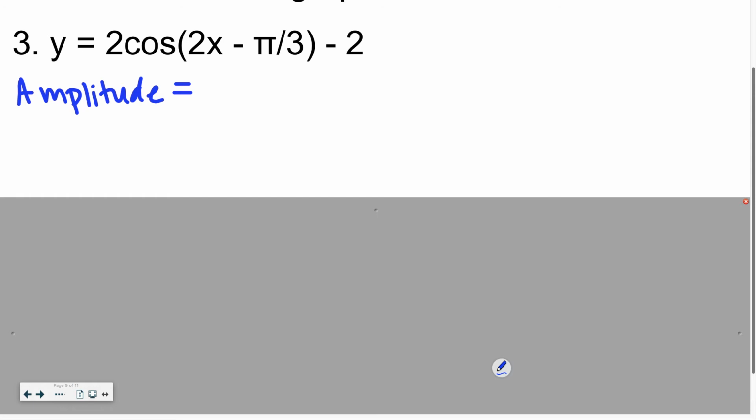What's our amplitude? Our amplitude is 2. Okay? A is 2, so our amplitude is 2.